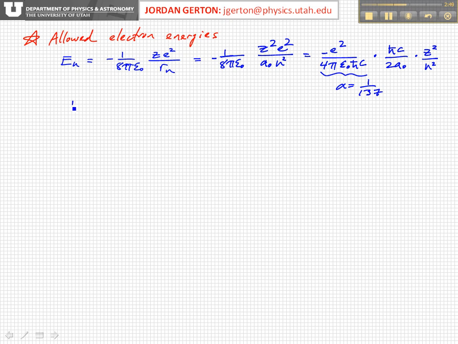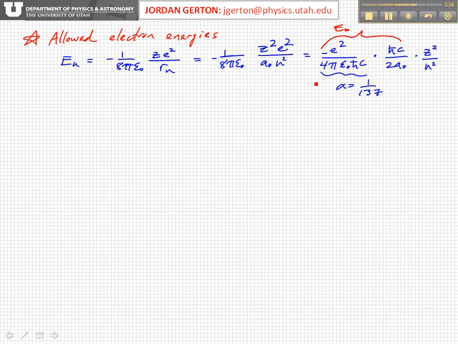So before I do that, let me say that this combination of constants here, alpha times h bar c over 2a naught, has units of energy, because again Z and n are just integers, and so we can basically call this E naught.